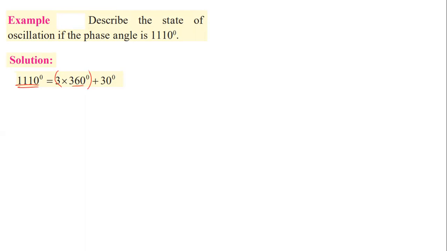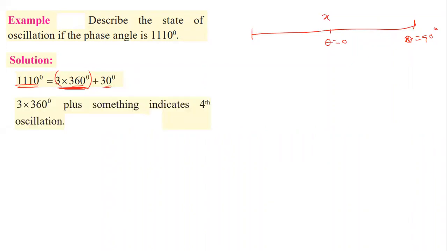It means that here are 3 complete oscillations and then 30. Okay, so listen, you remember here theta is equal to 0, and here theta is equal to 90. 3 into 360 means 3 oscillations, plus something indicates the 4th oscillation, some part.